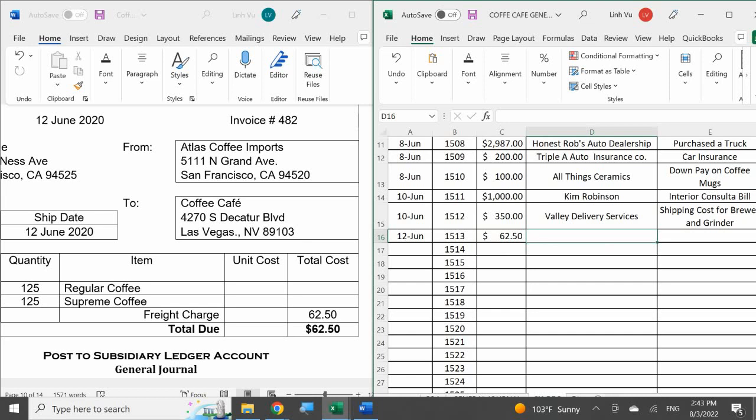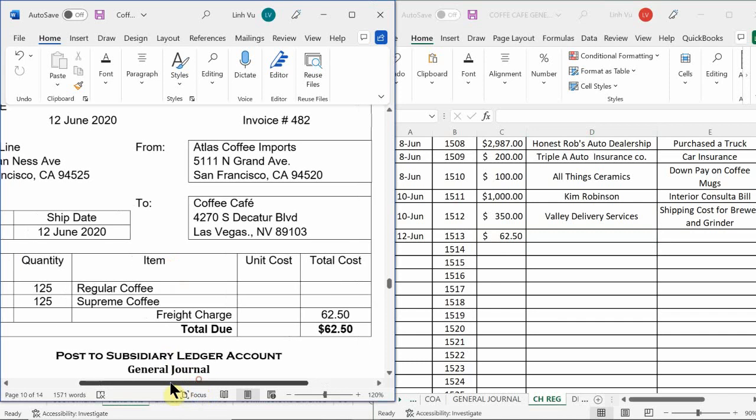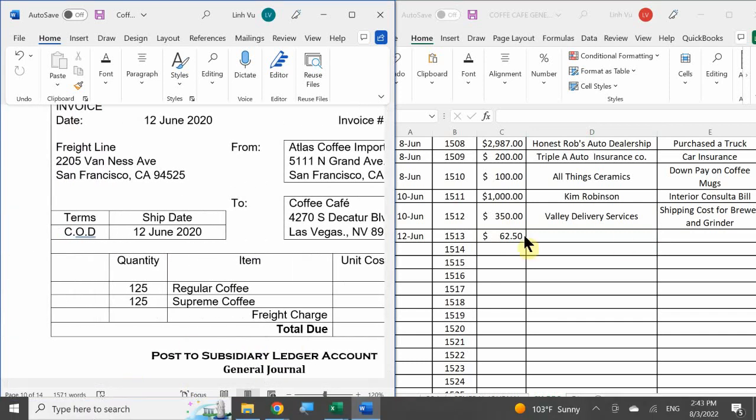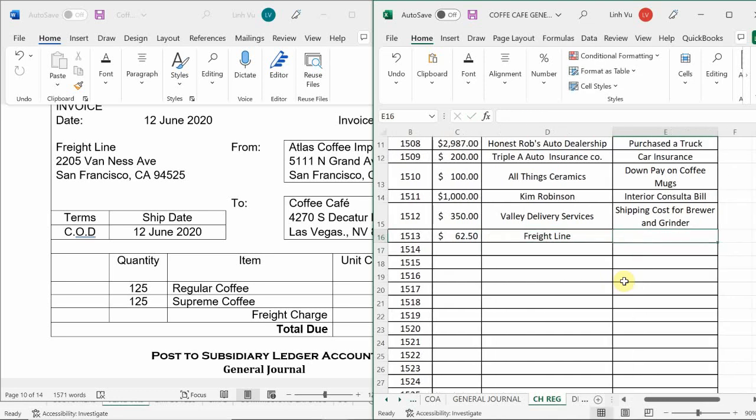Who am I going to write this out to? Freight Line. Here's the vendor's name, Freight Line. And what was this for? Shipping coffee.